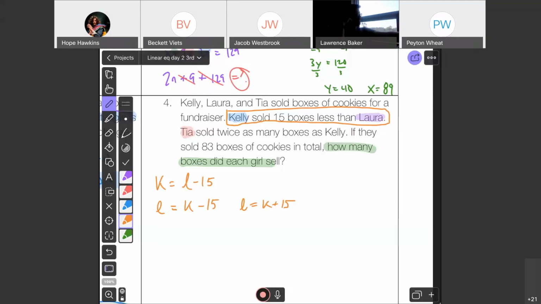You hear me, Tatum? Okay. It says Kelly sold 15 boxes less than Laura, so you would have to add 15 to get how many Laura sold. Okay. So that's kind of what Hope was saying.